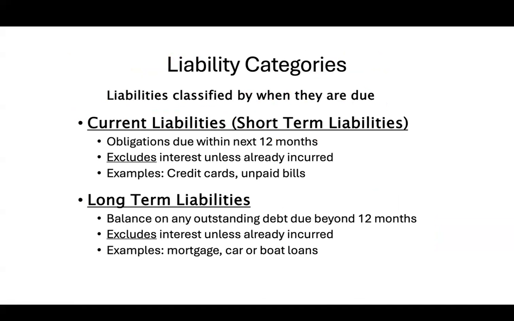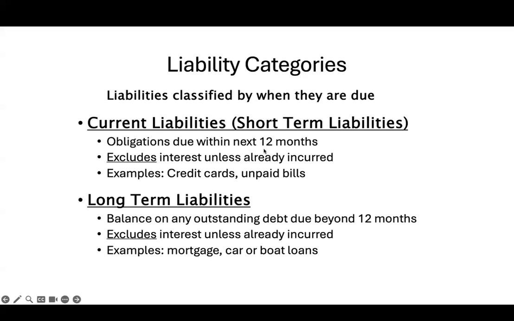So when we're looking at liabilities, we also classify them into 2 different categories. We have current and short-term liabilities, which mean the exact same thing, right? And then we also have another category, which is long-term liabilities. Okay, so when we're looking at our current or short-term liabilities, these are obligations that are due in full within the next 12 months.